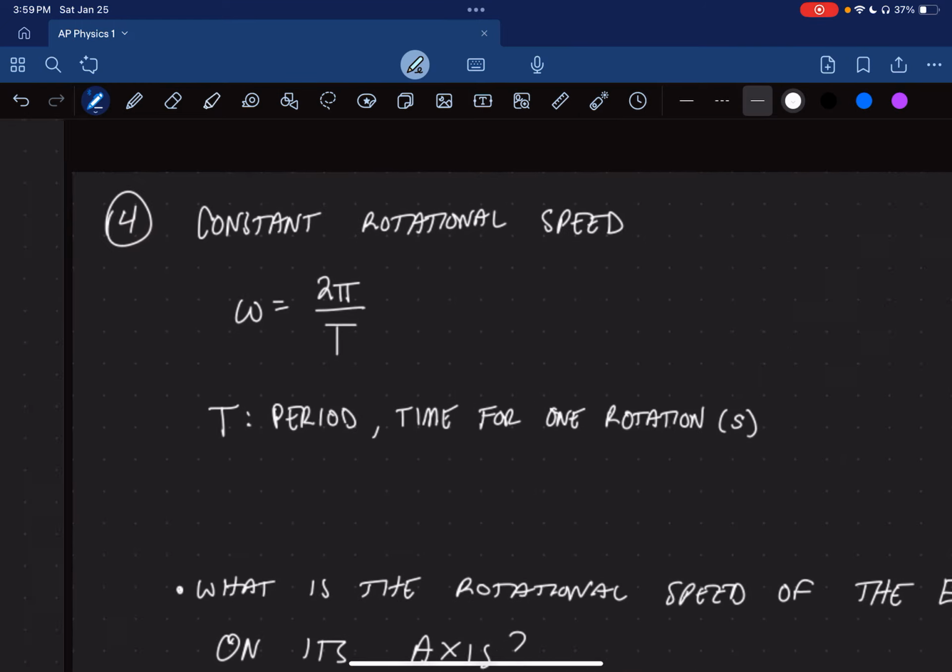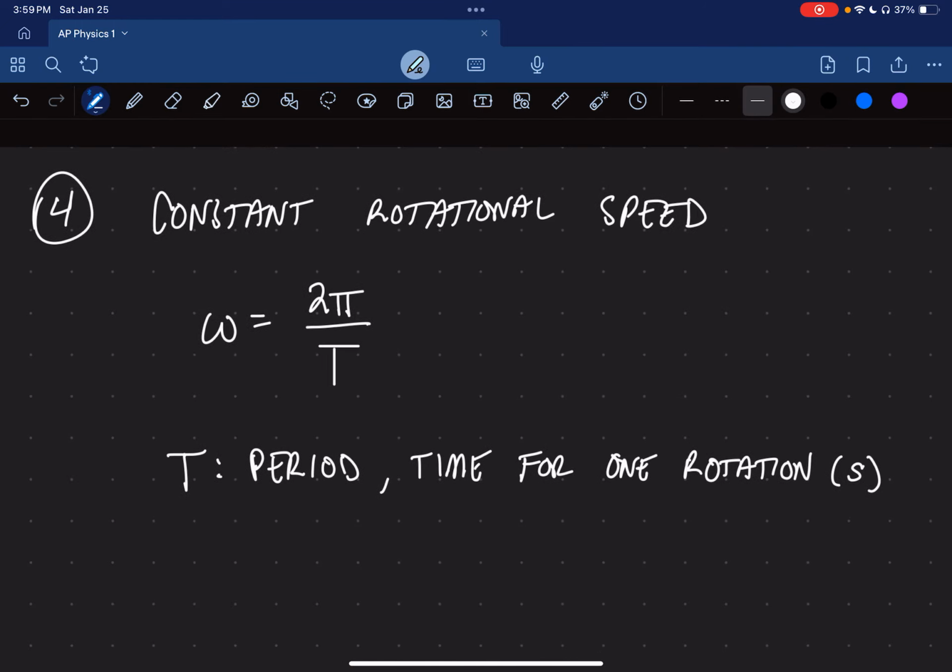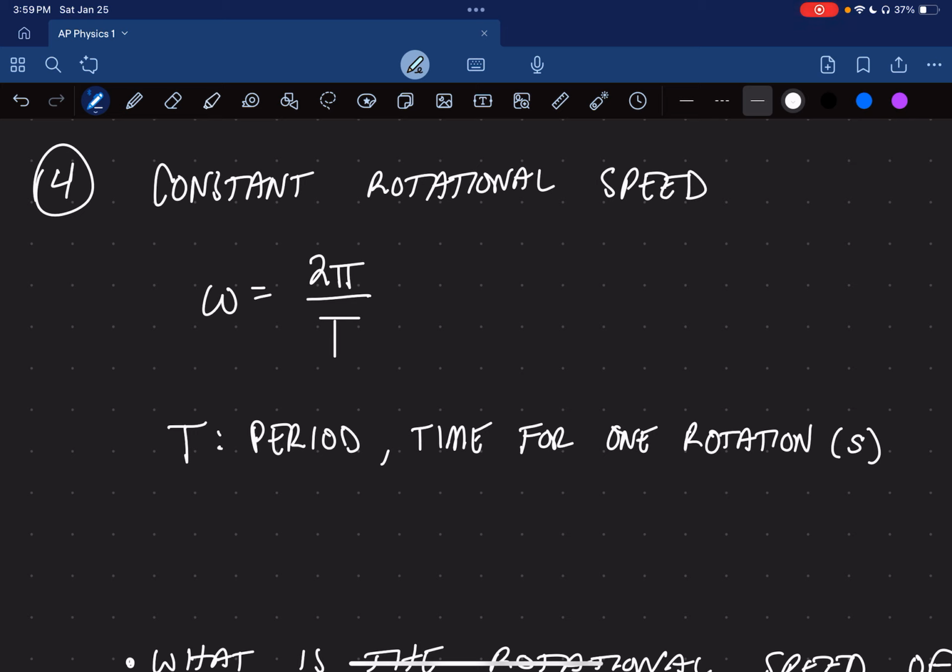Okay, last thing, so we can end this video. There's no reason why this one came last. This is just the last one. It's a constant rotational speed. So in other words, what if omega is constant? In other words, there is no angular acceleration. Well, this looks real familiar to us.